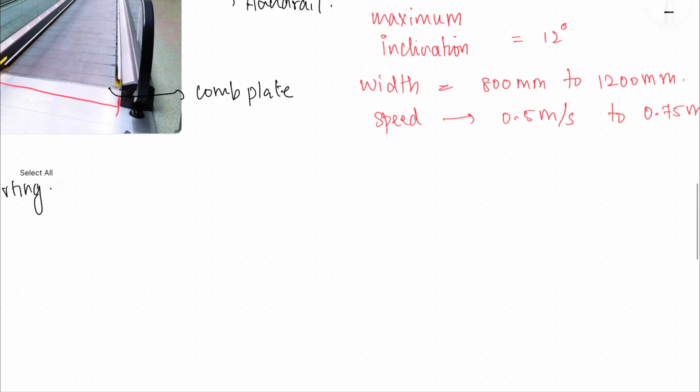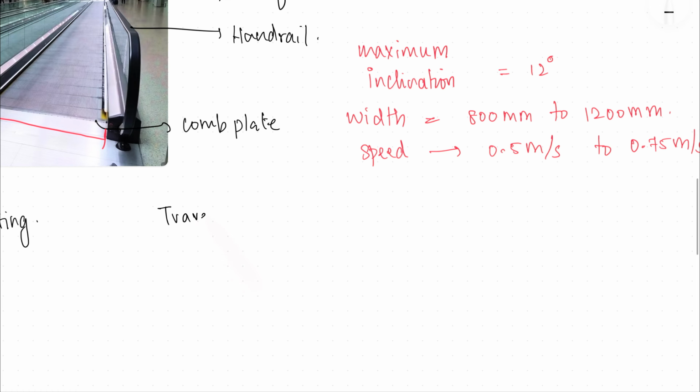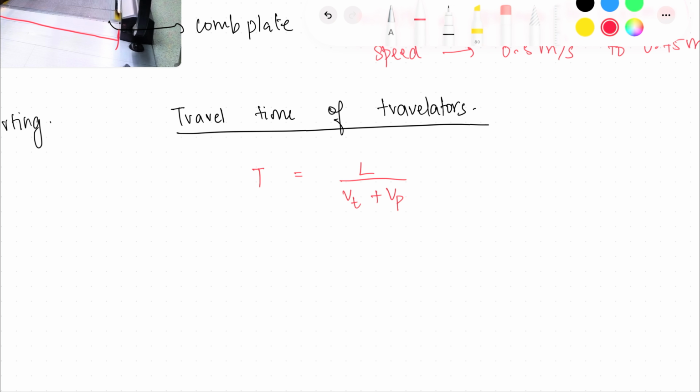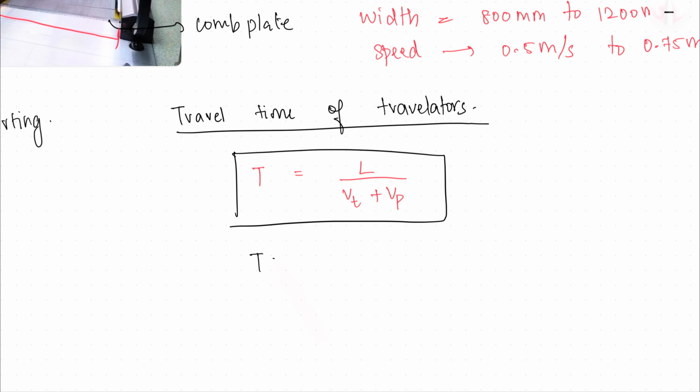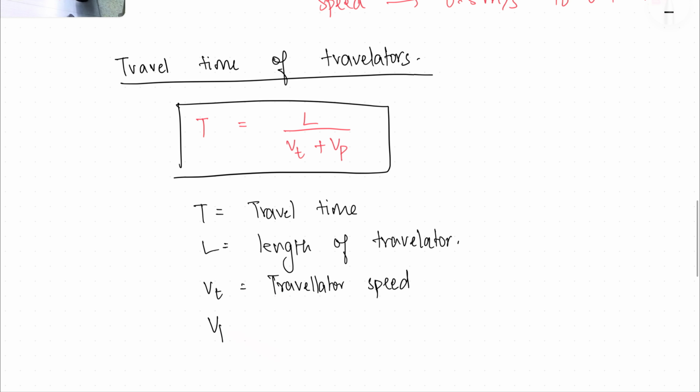And to find the travel time of a travelator, or walkalator, the travel time of travelators is given by the formula T is equal to L by Vt plus Vp, where T is the travel time, L is the length of the travelator, Vt is the travelator speed, and Vp is the person's walking speed.